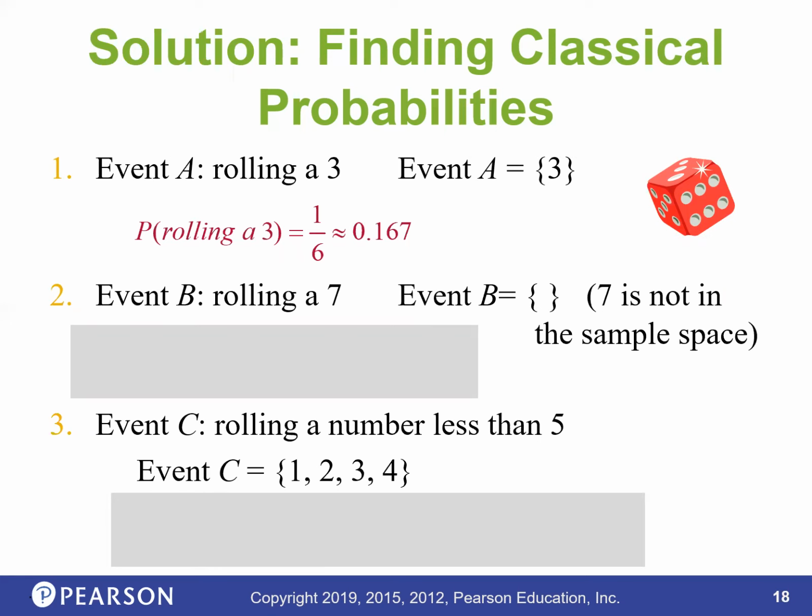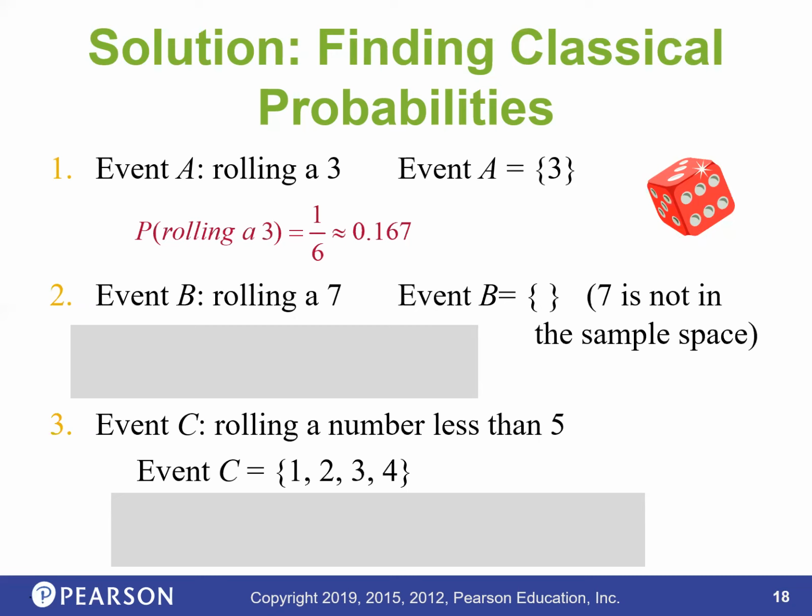You could just say P and then put the 3 inside there, right? Because we kind of know what we want. P of 3 would be 1/6. And decimal approximation is fine, or a fraction. If things get really complicated, we can just go to decimal approximations. But normally, for easy stuff, we write a fraction.